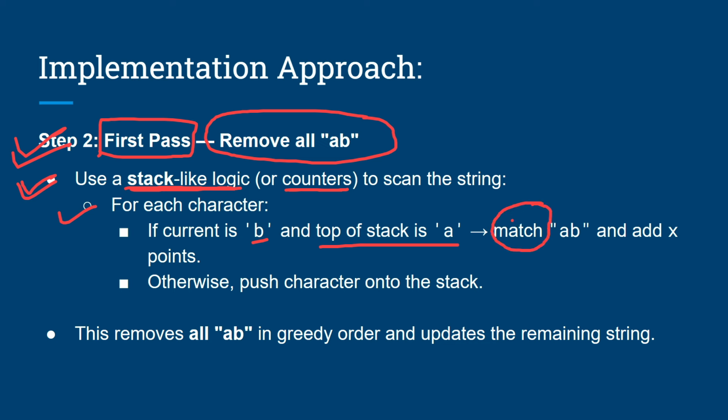Remember, I have shown you the table. If current is B and the top element of the stack is A, we got AB, so we add this point into the points; otherwise we simply push into the stack. This removes all the AB in greedy order and updates the remaining string.